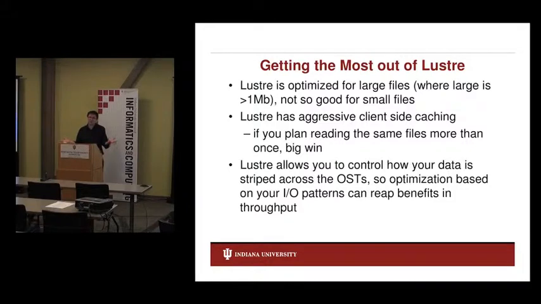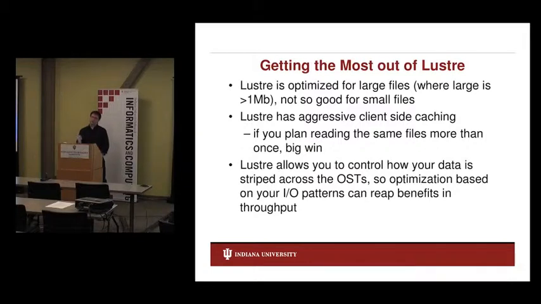And we're not very good for small files for that exact reason: there's a lot of overhead for reading small files. Lustre has aggressive client-side caching, so if you're reading the same files a lot, eventually you're reading from cache and not from disk, which is pretty common.